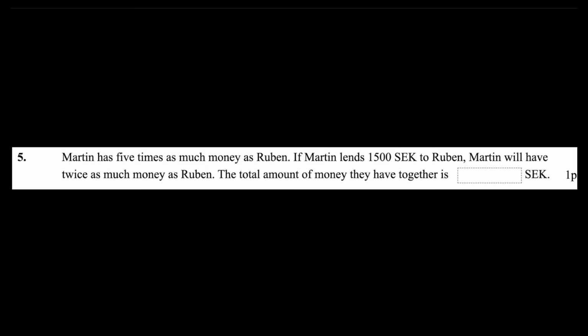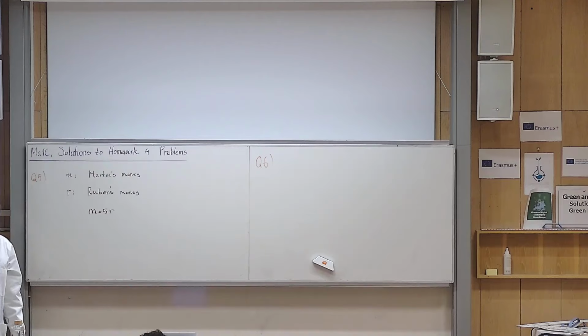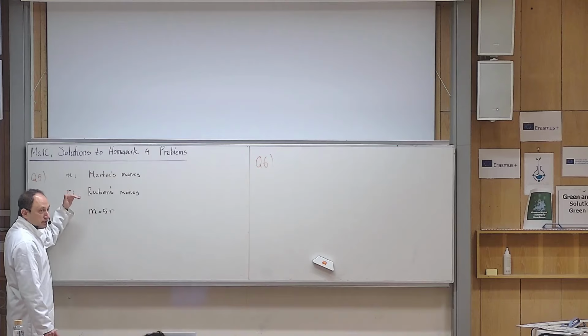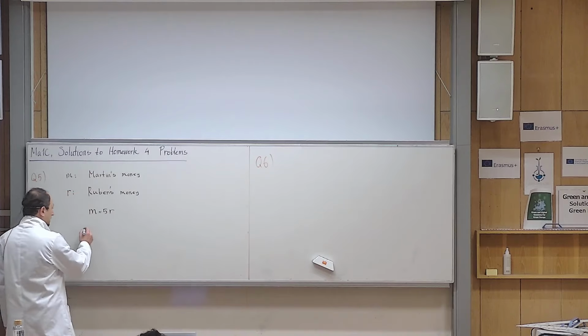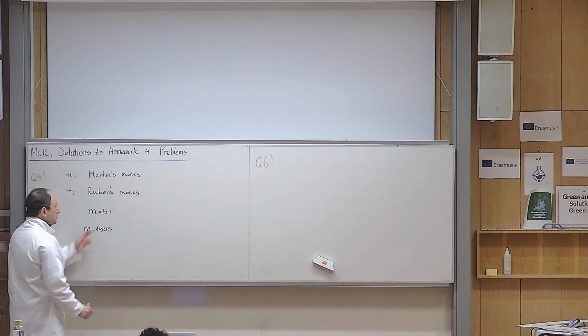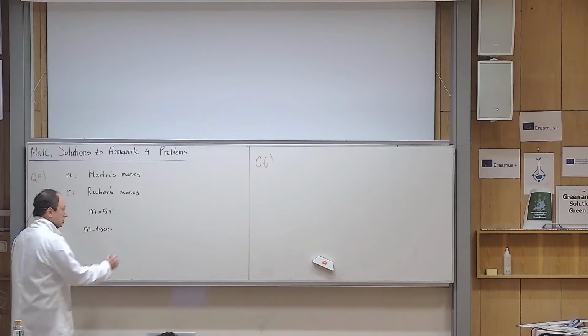Okay, then I go here. If Martin lends 1,500 to Ruben, Martin will have twice as much money as Ruben. So what does it mean? When Martin lends 1,500, his money will be how much? M minus 1,500. And Ruben's money will be how much?